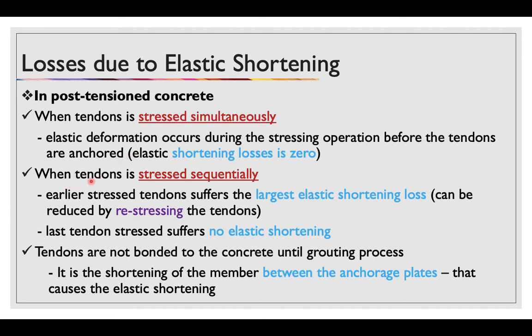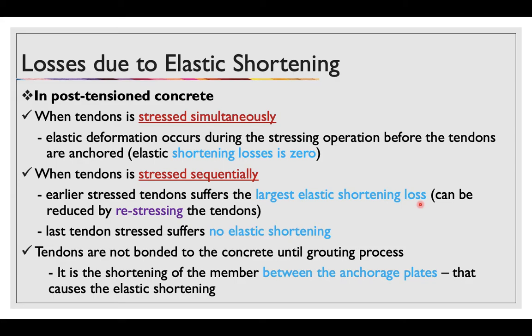As for the second one, when we have tendons that are stressed sequentially, sequentially means that the tendons are stressed separately, so we have a sequence for each and every tendon. Earlier stressed tendons suffer the largest elastic shortening loss.